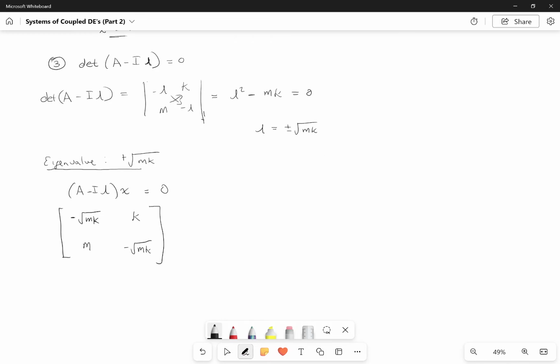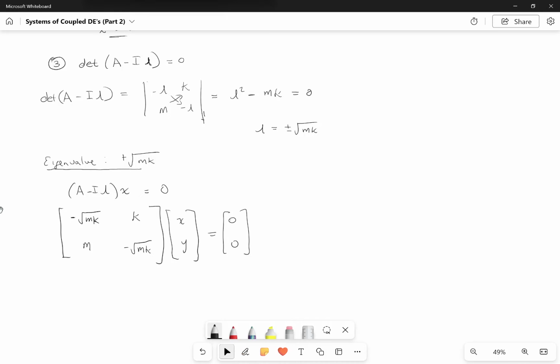Times x, which is a column vector, so we'll just put x and y here. So x is the vector, and these are just to make it nice and easy to understand. These are just points. x is a column vector, and x, y are the points. This equals 0 and 0. Very nice. So what's next?